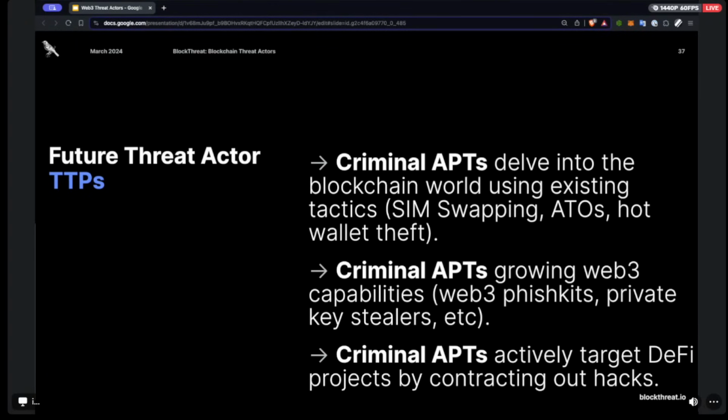And then finally, the last stage we're going to see is full adoption of Web3 and DeFi hacking by criminal groups, where it becomes part of what they do. They focus on it full time, but they will graduate from what they know, which is Web2 hacking, hot wallet and key theft, to actually targeting DeFi projects.